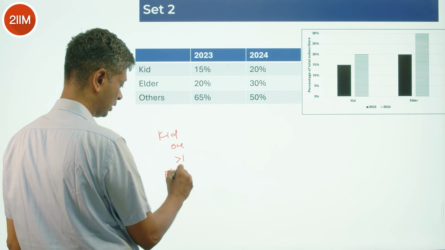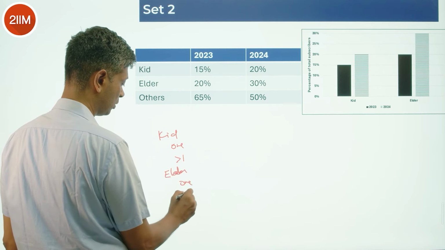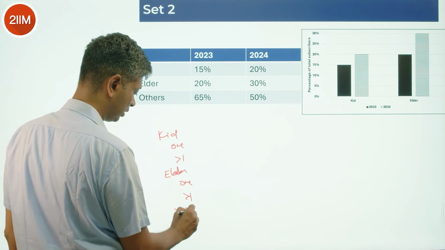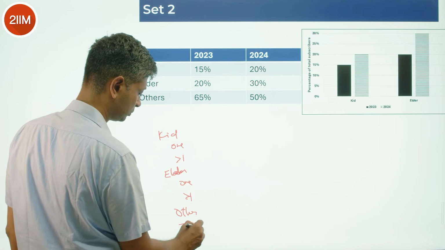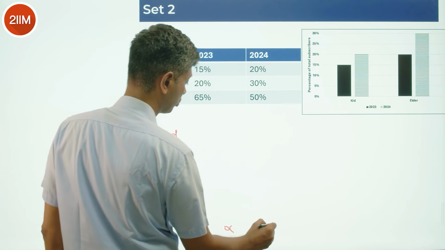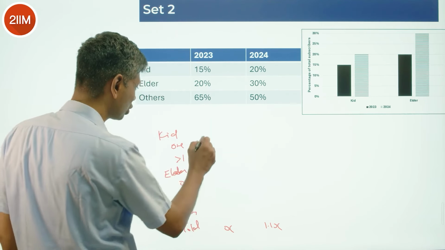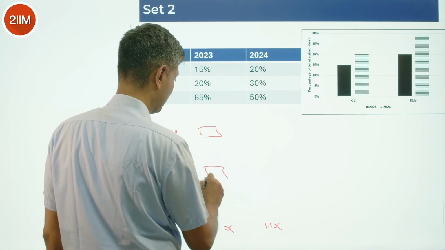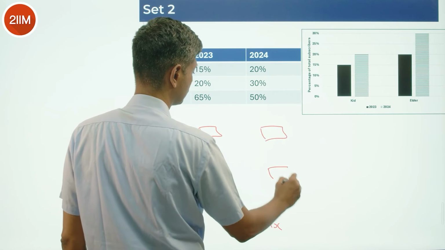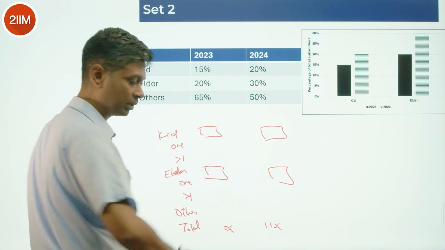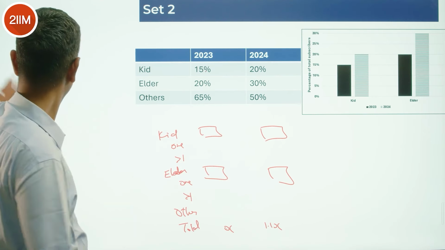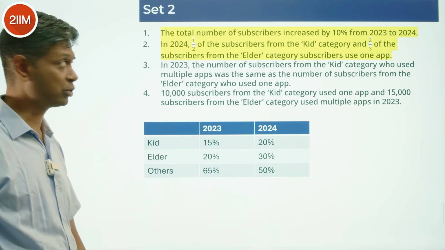Elder, one, more than one. Others, and total. Total will be X and 1.1X. We'll have a kids total, elders total, based on this percentage of this number, and then carry on from there. And that's how data is going to be captured.